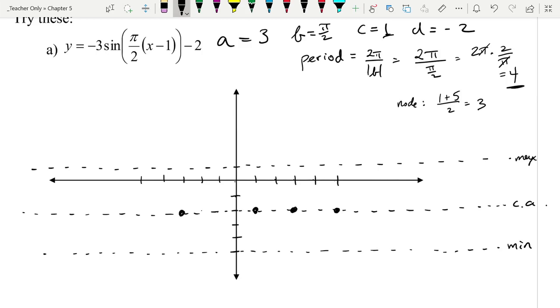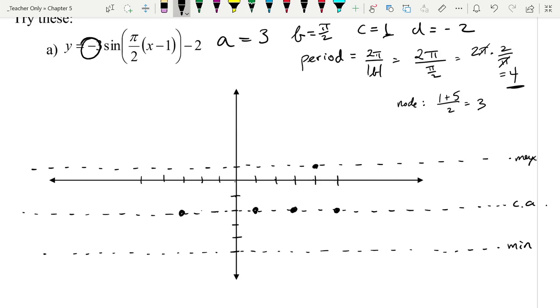Okay. Where will its maximum be? Well, its maximum will be halfway between 1 and 3. But wait a minute. Where does this maximum go? It goes over here. Why does it go over there? Who can tell me why it goes over there?